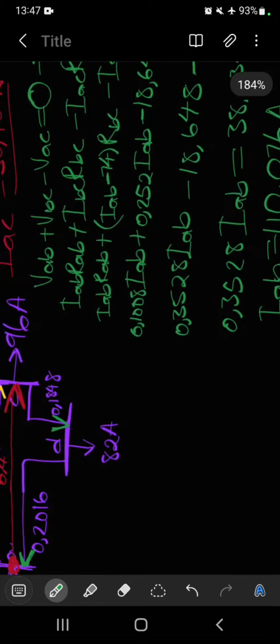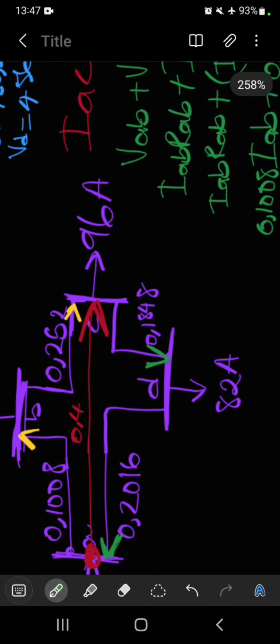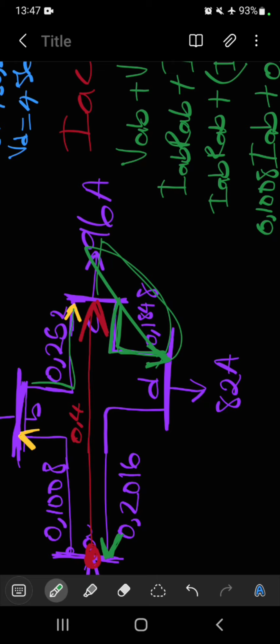Cool. So we're now again still in the process of finding IDC. IDC is leaving a point and IC is leaving a point. These are friends. IBC is entering a point, IAB is entering a point. These are friends, meaning the sum of this is equal to the sum of that. So let's go.